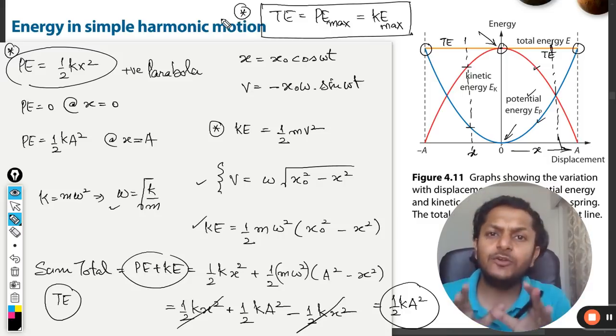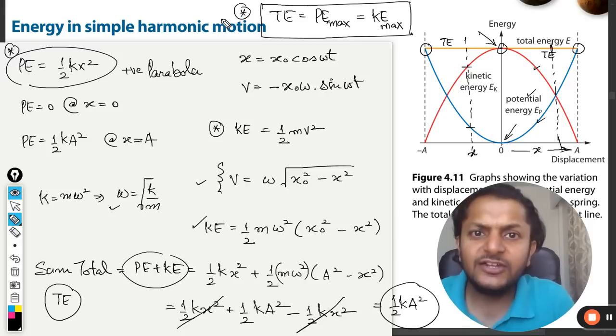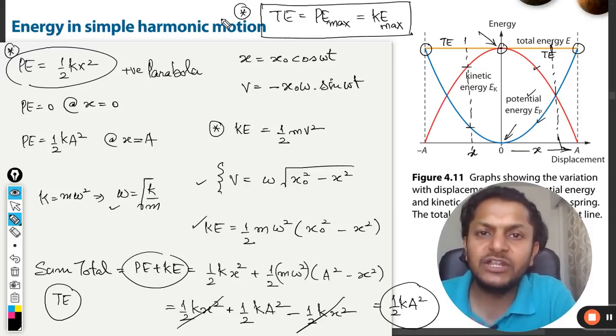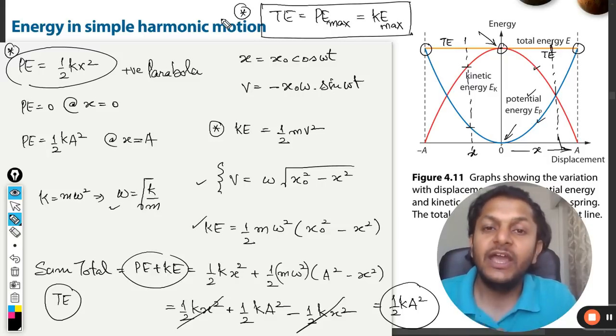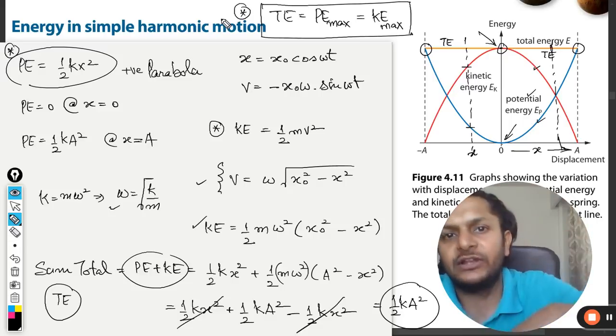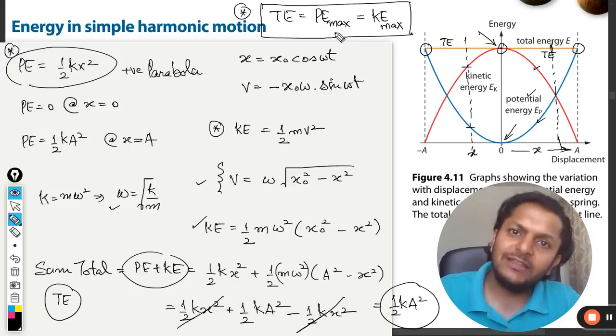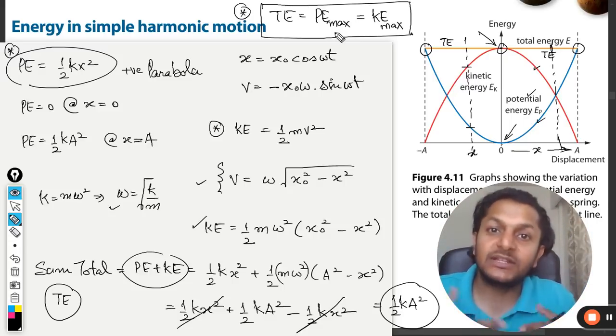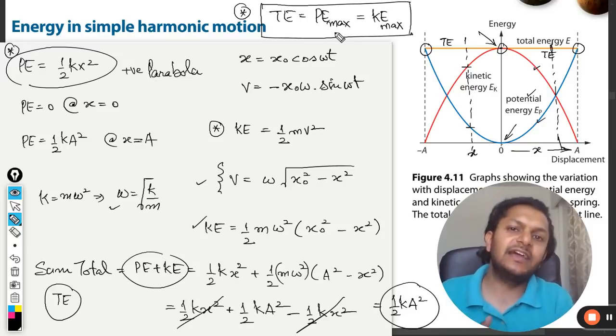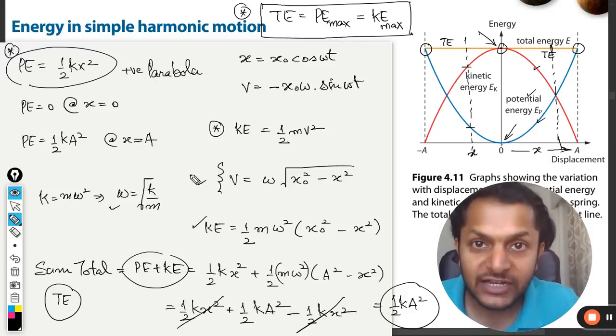I have seen many questions in IB where they do ask about the total energy, but they do not tell you what the total energy is. Instead, you have to find the maximum potential energy to find the total energy. It is like that. So this is a very important expression.